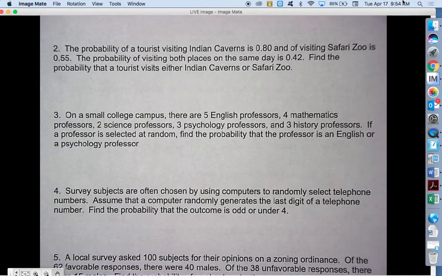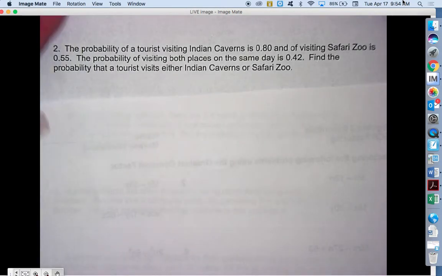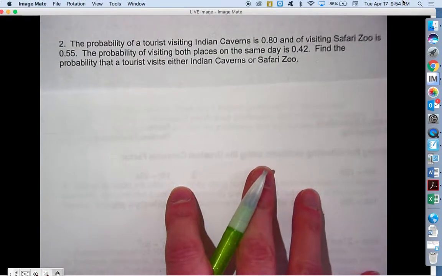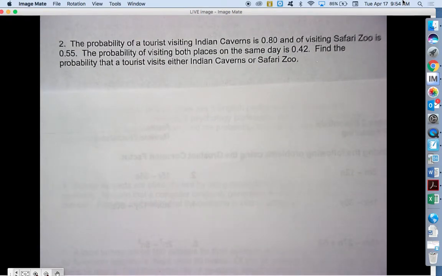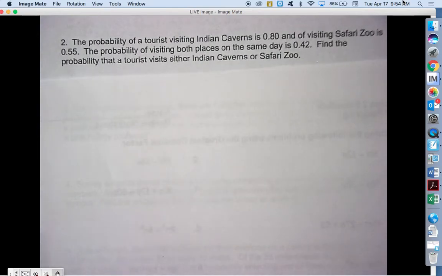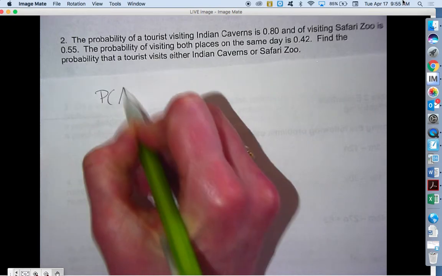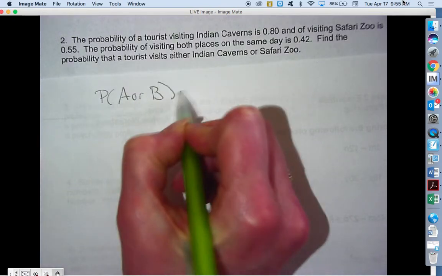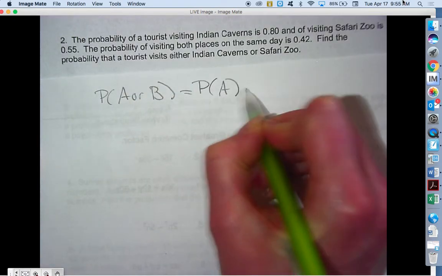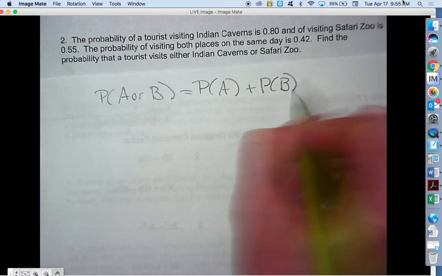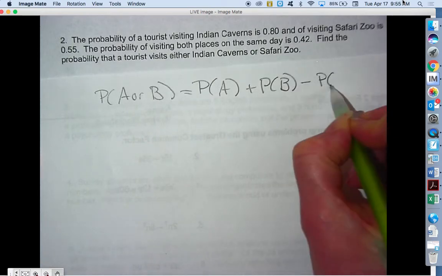So this was like the problem we did yesterday with the senior class being on the honor roll or being a varsity athlete. So we're going to use the information in the formula. The formula says the probability of A or B is equal to the probability of A plus the probability of B, and then minus the probability of both.